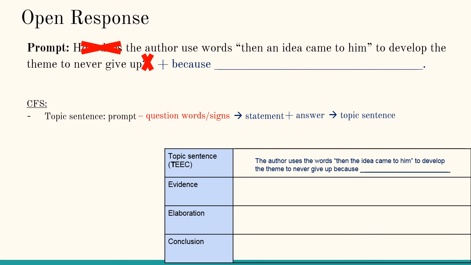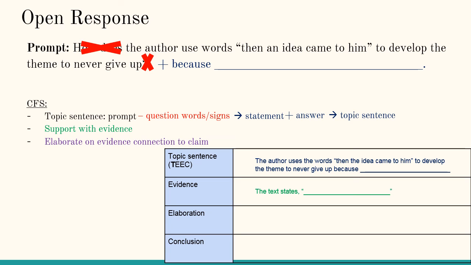As always, you want to support your topic sentence with really strong evidence that proves your claim that you make in the topic sentence is correct. Once you support it with evidence, you want to elaborate on exactly how that evidence connects back to your claim. And then finally, summarize your argument with a strong conclusion sentence.